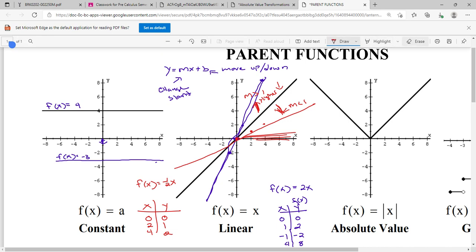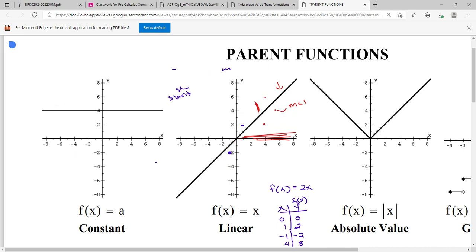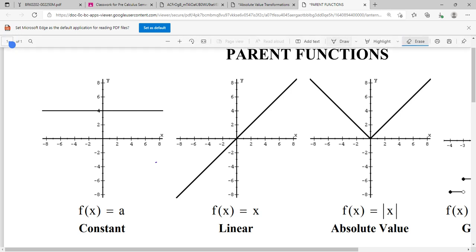Now, if you have a negative slope, remember that just means that we have a downhill slope. So it flips it the other way. So let's do one with a negative slope. F of x equals negative 2x. So 0 would still be 0. Let's try 2.